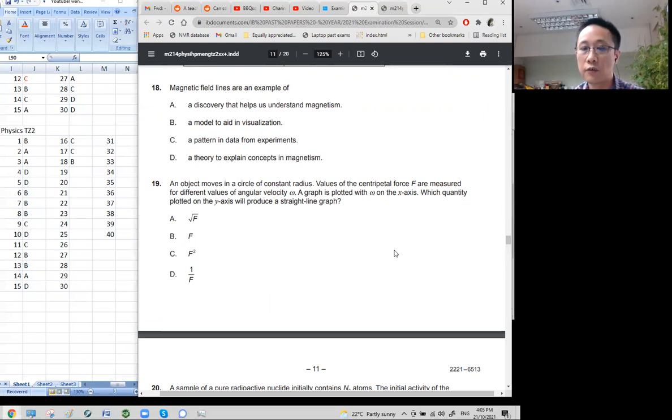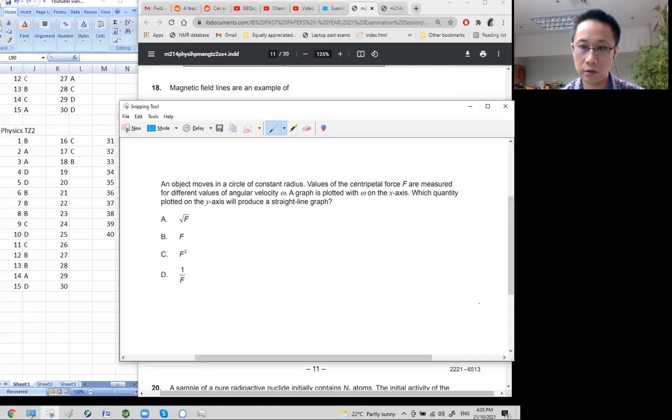19, an object moves in a circle of constant radius. Values of centripetal force are measured for different values of angular velocity, and you plot F against omega. So something against omega, not quite F against omega, but the equation is in the formula book, I think.